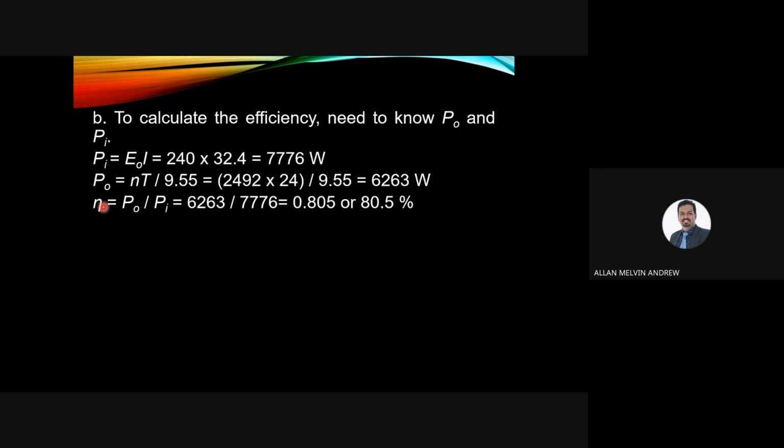To find the efficiency, PO over PI, we solve it and get 0.805, or an efficiency of 80.5 percent. For all these examples, please try first to understand how to calculate step by step. All the examples are there.